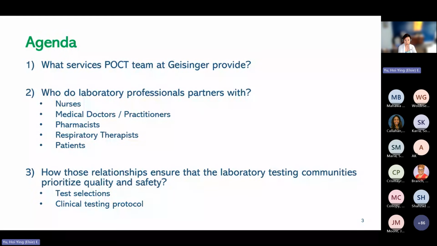And we'll also go through what my team at Geisinger does in terms of point of care testing. I think the service that we provide really helps in strengthening that partnership. And throughout the presentation, I'll focus on two general topics. One is how the partnership helps with test selection, and the other is the clinical testing protocol.